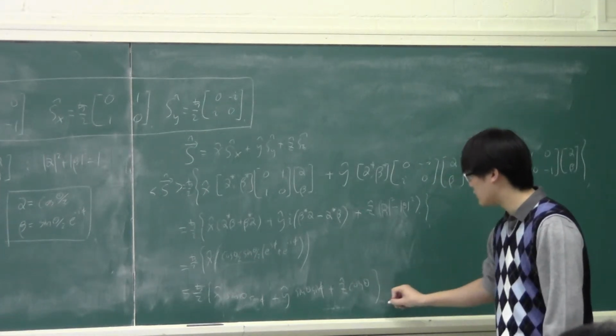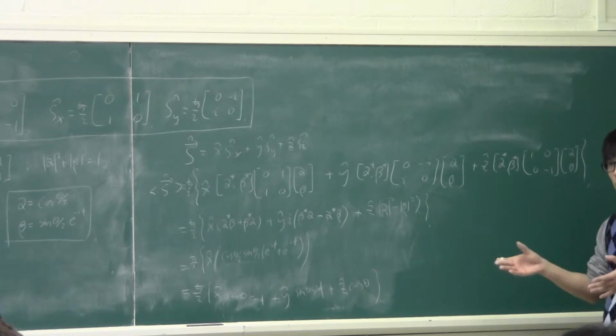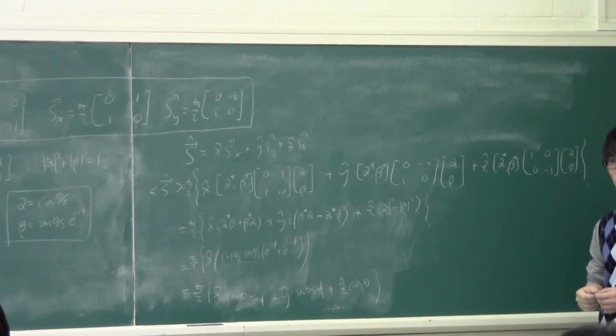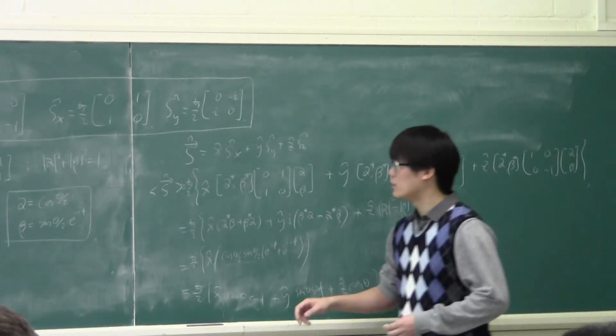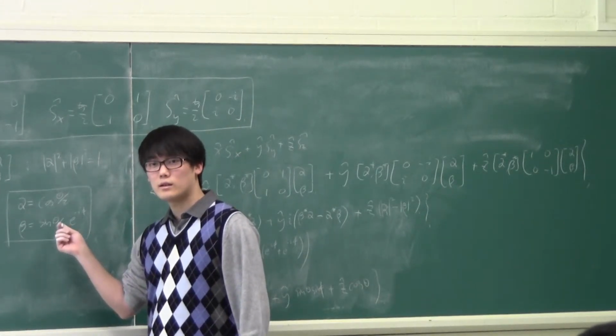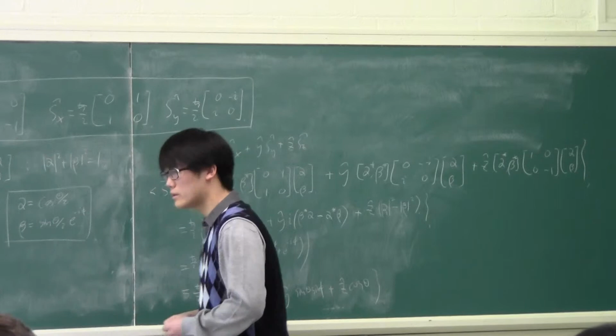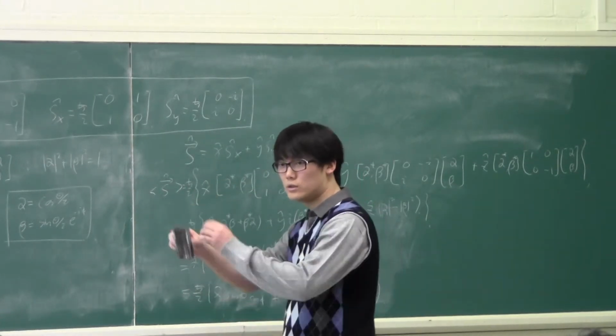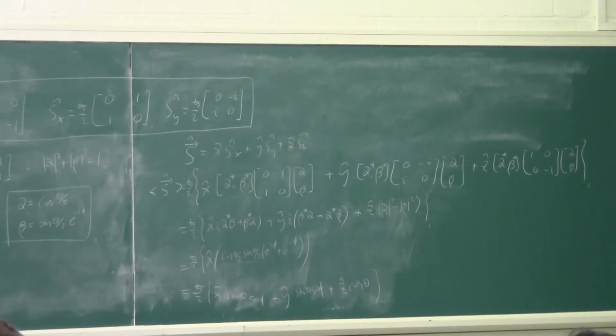I'm not going to carry out all the algebra here. Now it has a very nice pictorial representation. I can write a spinor state like this onto a sphere, and the sphere has unit radius, but the direction is defined by theta and phi. So let's draw a sphere.